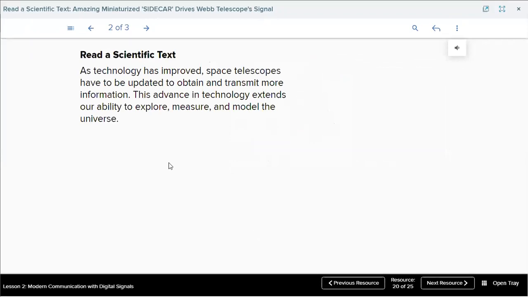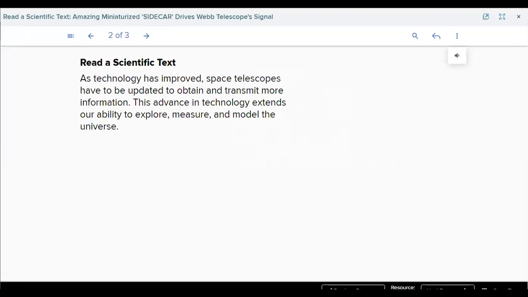Can you read, Mu'taz? As technology has improved, space telescopes have to be updated to obtain and transmit more information. This advance in technology extends our ability to explore, measure, and model the universe.